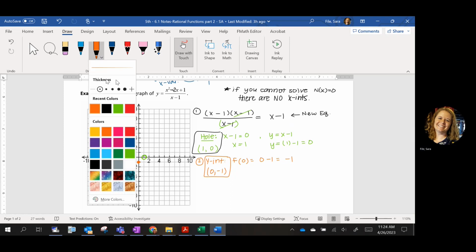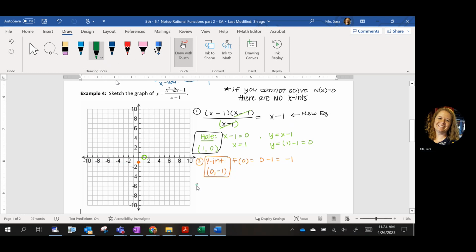Okay. Now I want my x-intercept. Now, x-intercept comes from setting the numerator equal to 0. Well, my numerator is still x minus 1. So I get x equals 1 again.